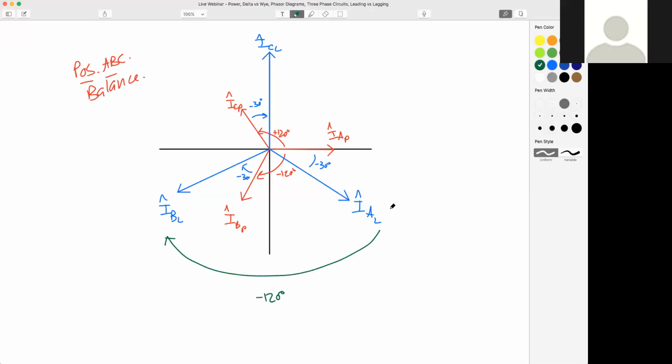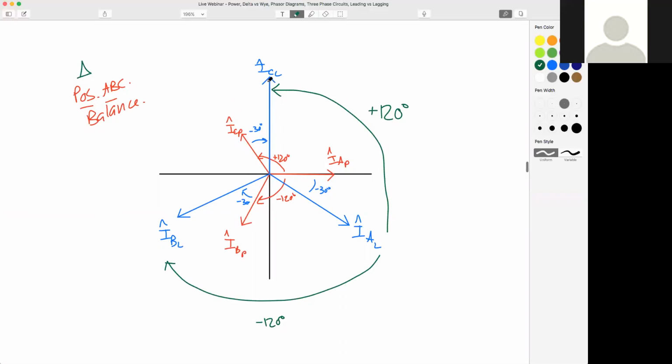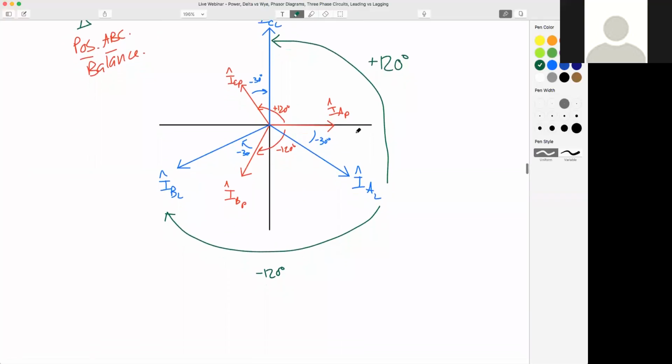And from A line current to C line current, we have plus 120 degrees. Okay, everyone good with this? Otherwise, I don't want to spend too much time. A lot of this we could talk forever about, and I really want to get into three-phase circuits. All right, moving on.